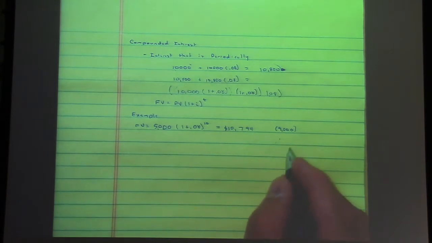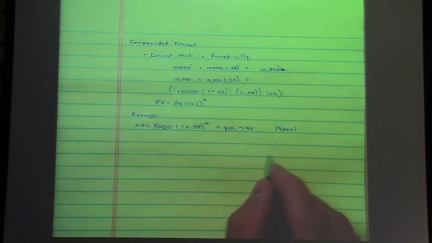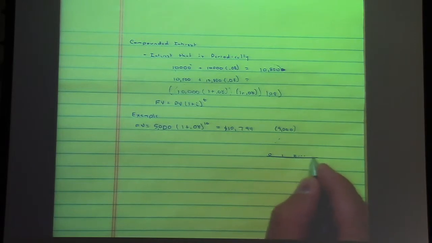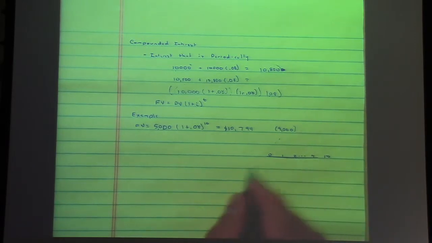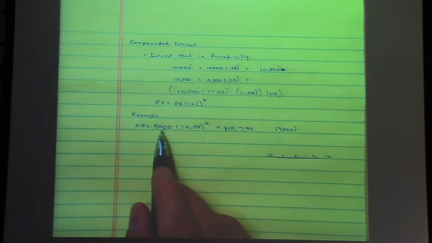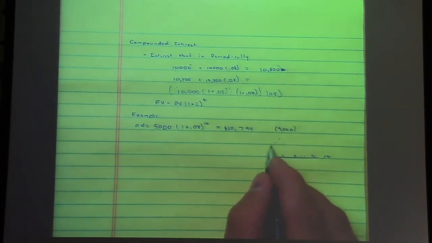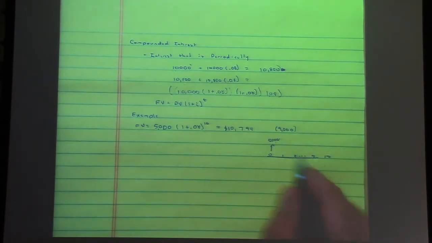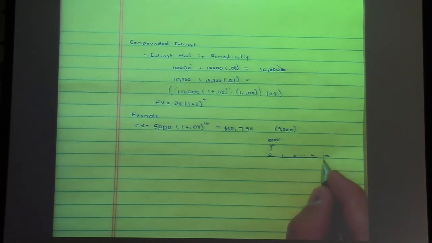If we were to look at a cash flow diagram associated with this, we'd see that in year 0, 1, 2, 9, 10, if this is a loan that we're receiving, in year 0, we would have a positive cash flow of $5,000. In year 10, we would have a negative cash flow of $10,794.